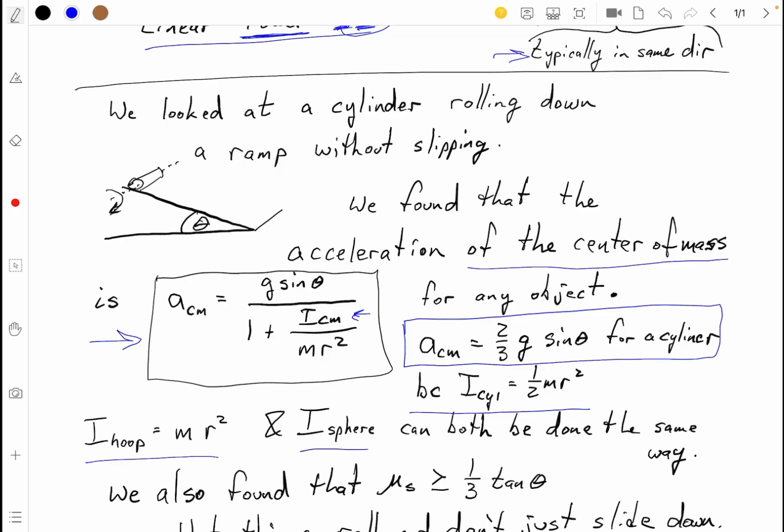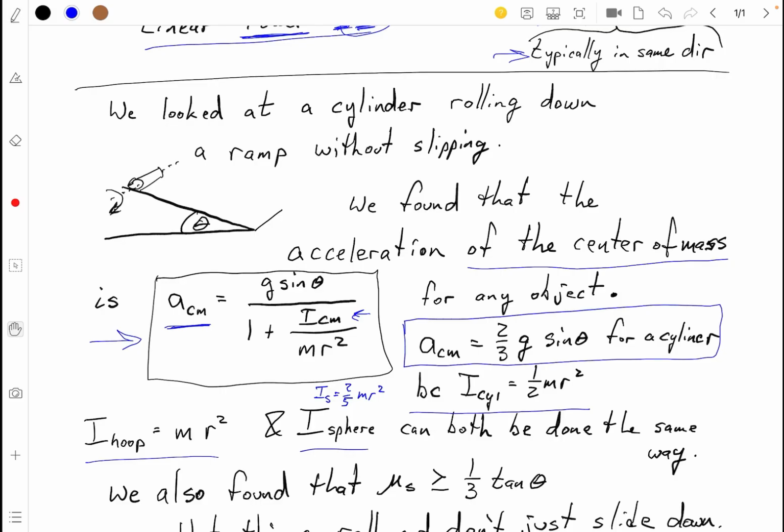I think I sphere is equal to 2/5 mr squared. I think that's it. I'm going off the top of my head. If I'm wrong, look it up. If I'm wrong, that's fine. But figure out what your acceleration of the center of mass for the object is.